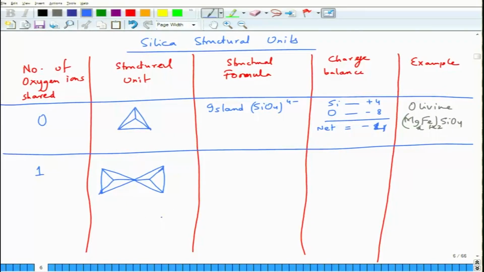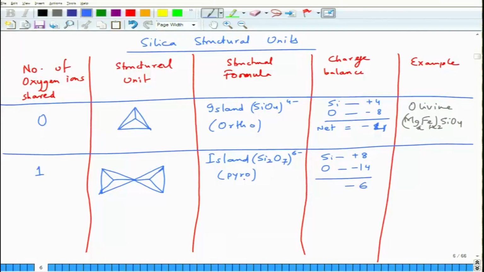So, in this the first structure was the ortho structure, and the second case is again an island kind of structure, because it does not make a structure which is continuous in 3D, because you do not have complete sharing. So, here it makes Si2O7 6 minus. So, basically silicon will be +8, oxygen will give you -14, and net will be -6, Si2O7 molecule.